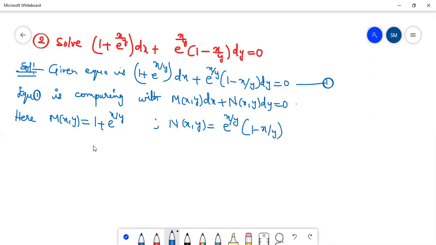Again, we can go for the condition of exactness, that is M differentiated with respect to y and N differentiated with respect to x.